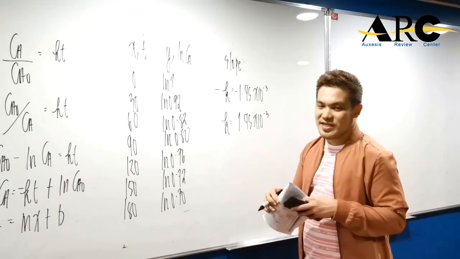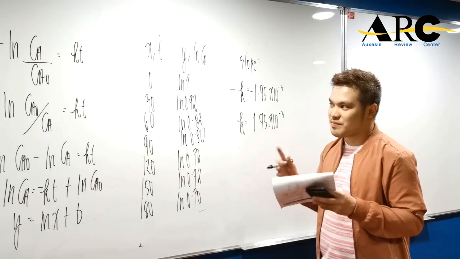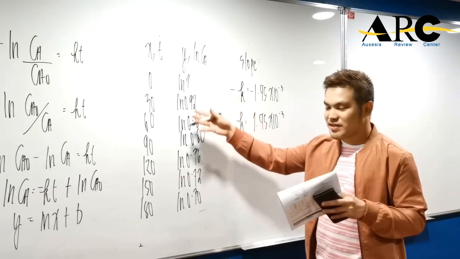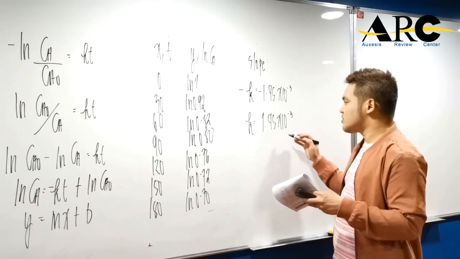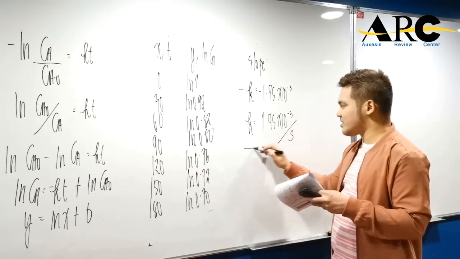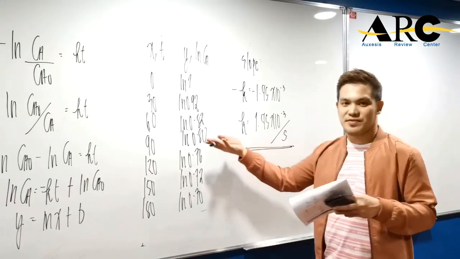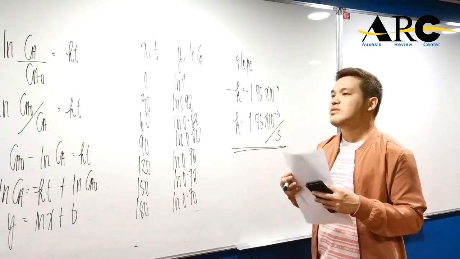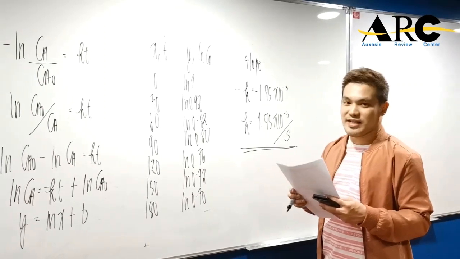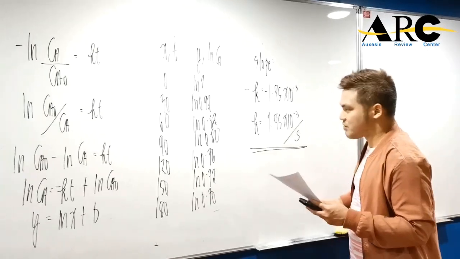Naalala nyo kanina, kapag sinabing first order, per unit time. Ano ba ang unit ng time na ginamit natin dito sa problem? Seconds. Kaya ang unit ng K natin is per second. Ganito lang kumuha ng rate constant kapag given tayo ng time and concentration.